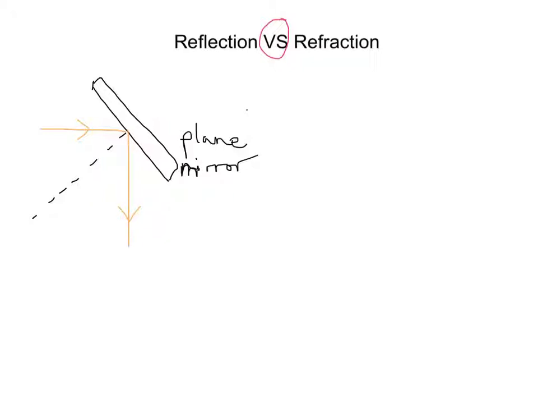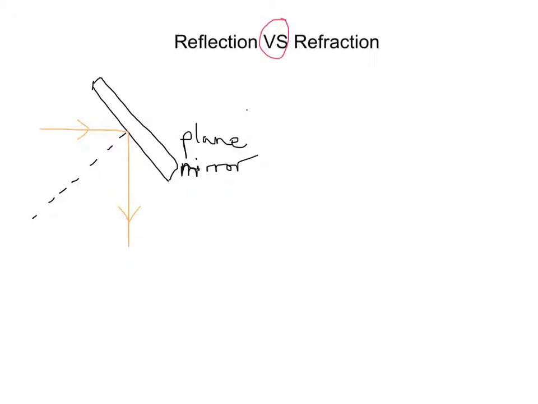Now, smooth surfaces produce strong echoes when sound waves hit them, and they can act as mirrors when light waves hit them. The waves are reflected uniformly and light can actually form images. Now in the plane or flat mirror, the image appears to be actually behind the mirror in this instance.